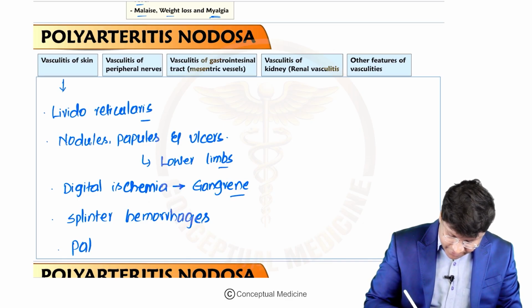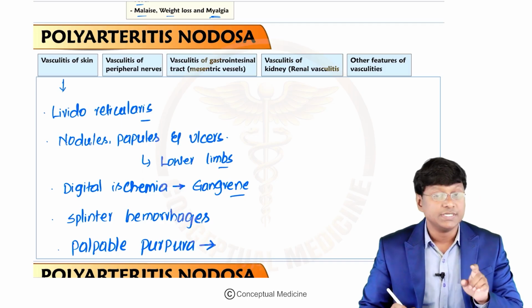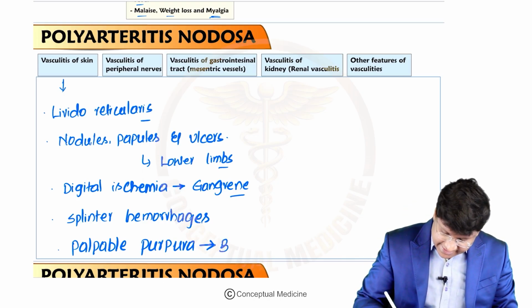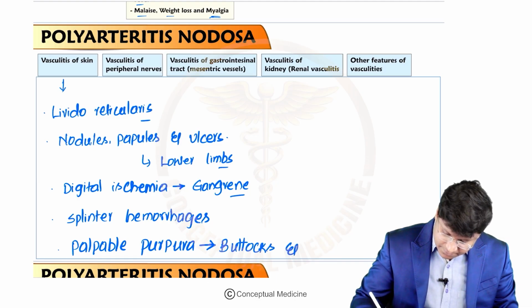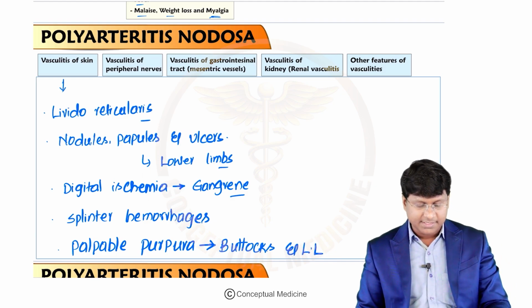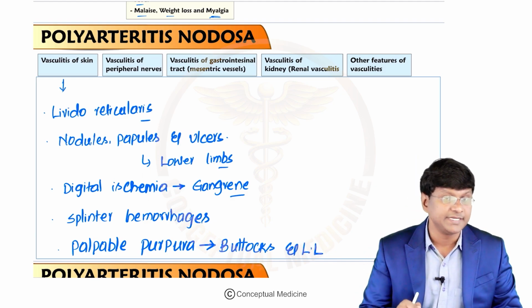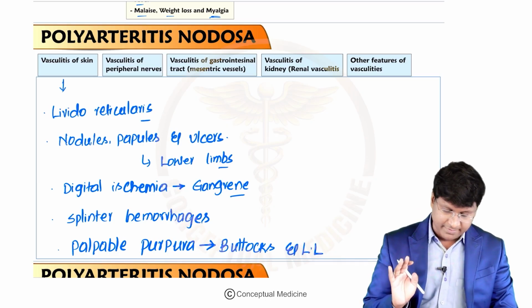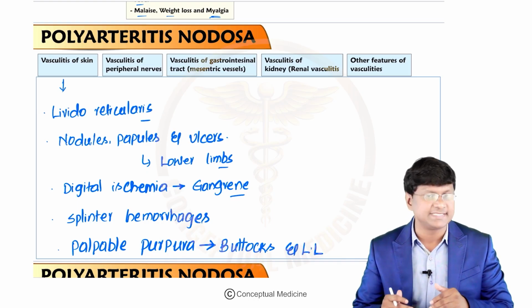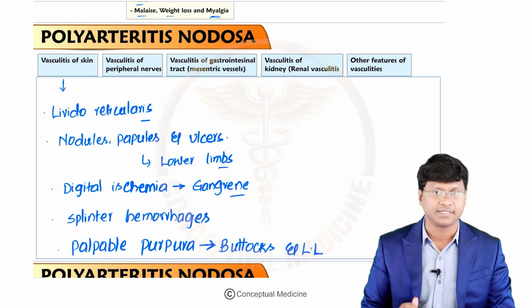This palpable purpura is concentrated over the buttocks as well as the lower limbs. So that is about the skin involvement. And let me tell you, the most common skin involvement will be the livedo reticularis. And most of the skin involvement is mainly seen within the lower extremities as well as the buttocks.